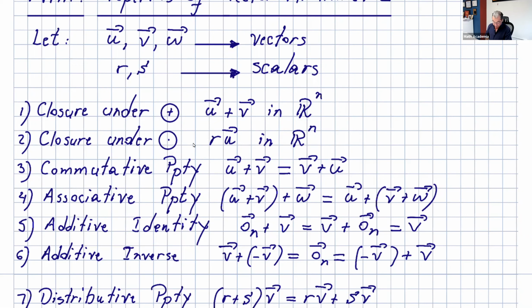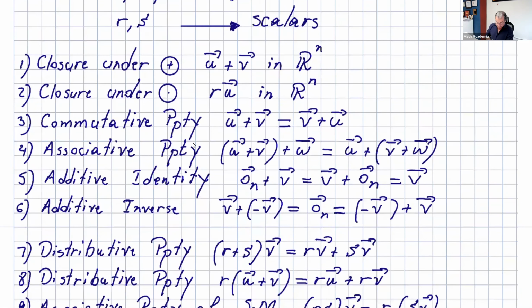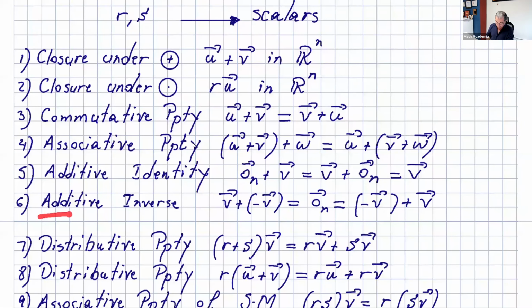So the zero vector, this is the way you write this. That zero vector plus vector v is v plus zero vector, and that's going to just give you the vector v. You can have the additive inverse. A vector plus its opposite is going to give you the zero vector, or vice versa.